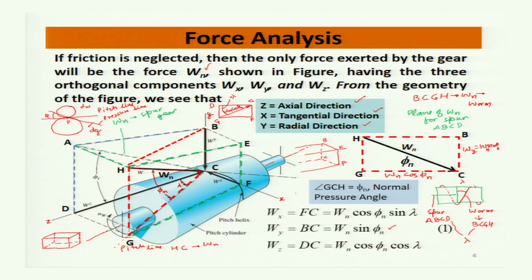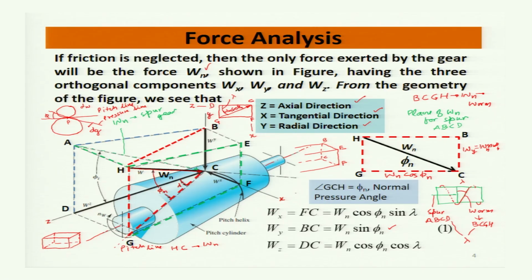Knowing this angle, now we can find the components of this GC force along DC, which is the Z direction, and CF, which is the X direction. The X direction is the tangential direction, and the Z direction is the axial direction. So, those two components we will find.